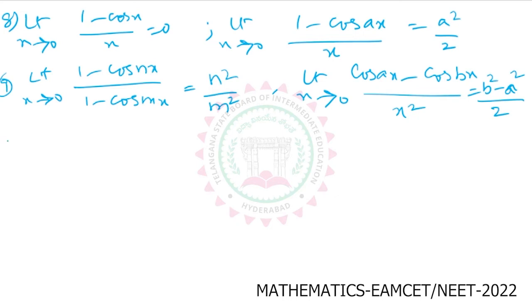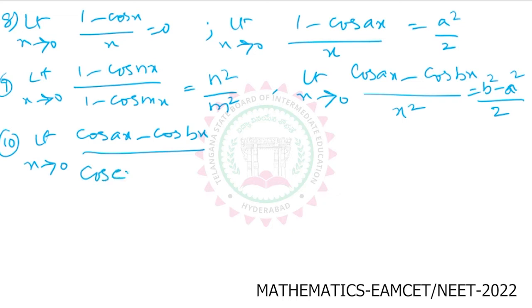Similarly, limit x tending to 0, cos ax minus cos bx divided by cos cx minus cos dx is equal to b square minus a square divided by d square minus c square.